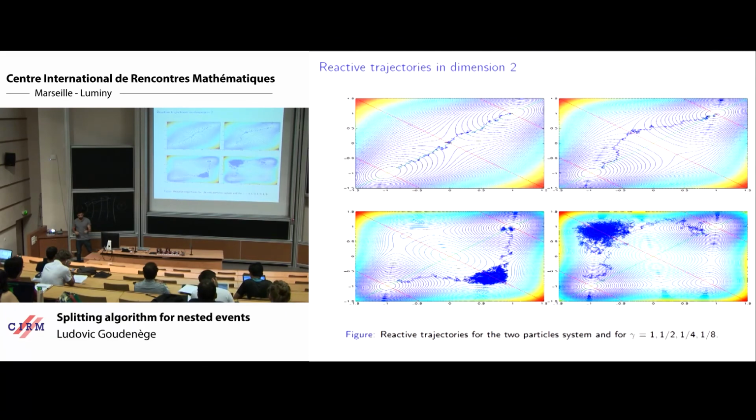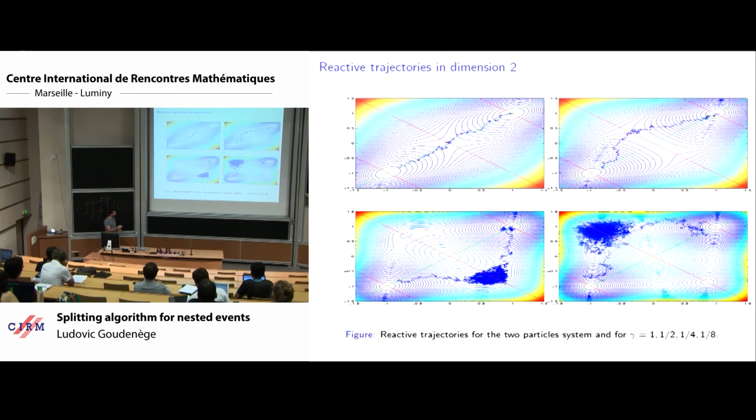Again, gamma is smaller, 1/4, and now there is a new problem because there is again a maximum here. You want to go from A to B, but with the shape of the potential, there is now a new valley here, and there is a minimum. So what is the problem? You go from A to B, and you decide to take this road. But here there is a problem because you are in a local minimum.